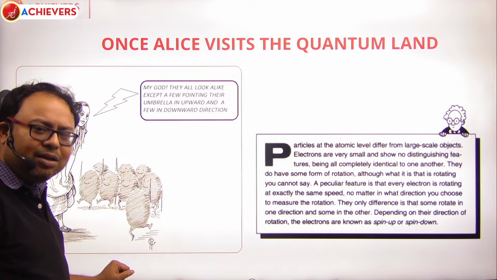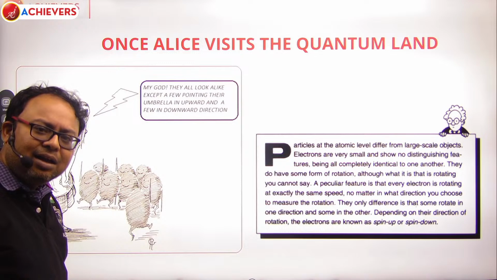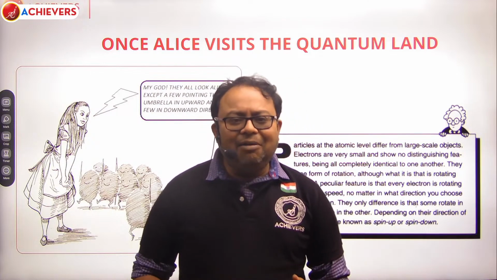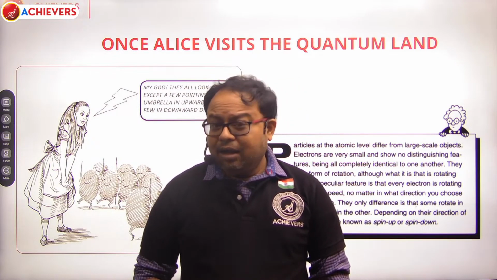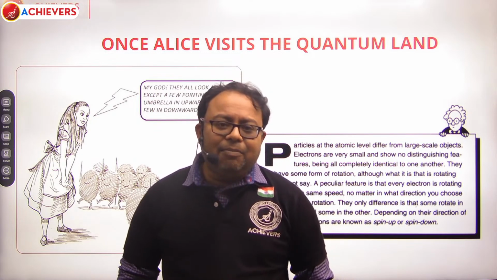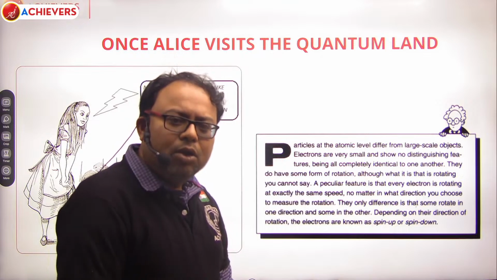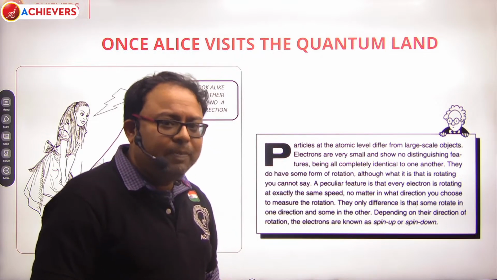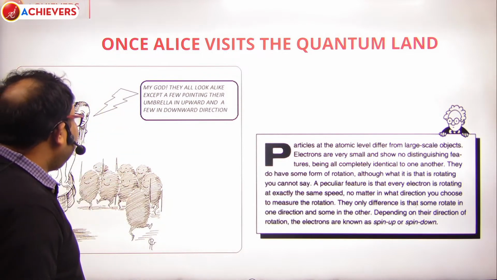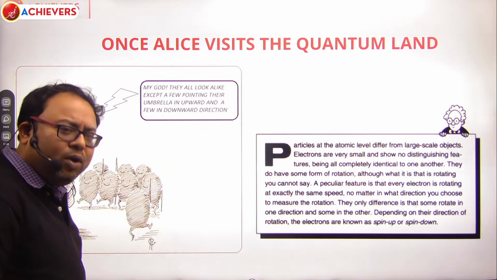They're small and they all look alike, and they are all carrying an umbrella. The only difference is some are pointing their umbrella in the upward direction and some in the downward direction. To her astonishment, Alice says, "My God, they all look alike except a few pointing their umbrella upward and a few in the downward direction."